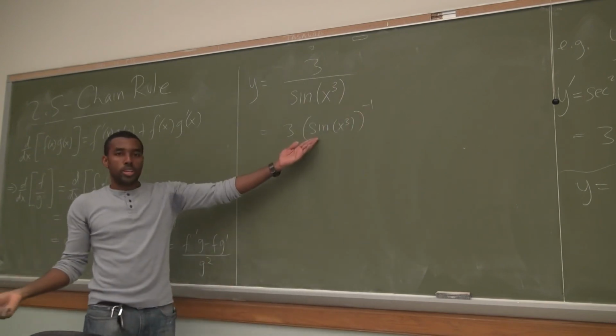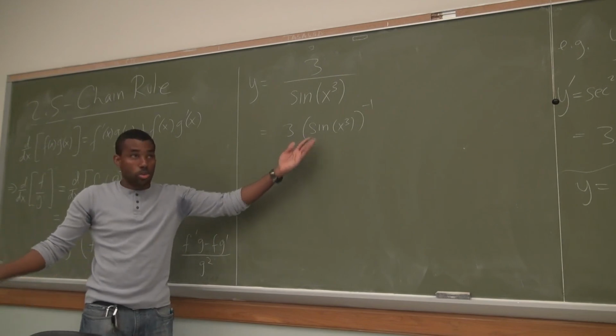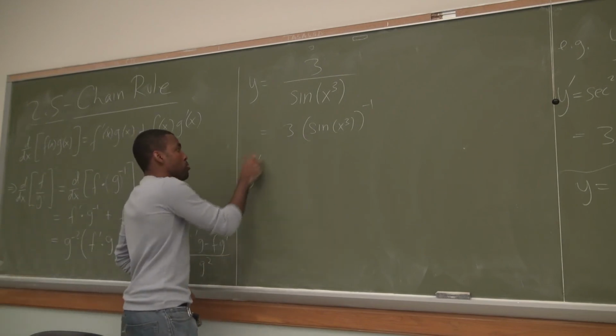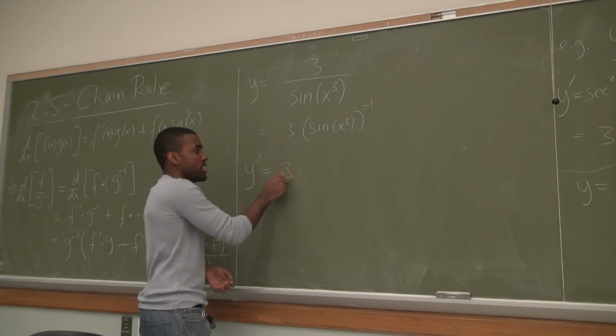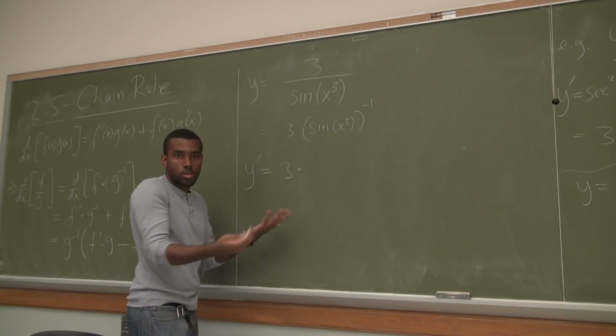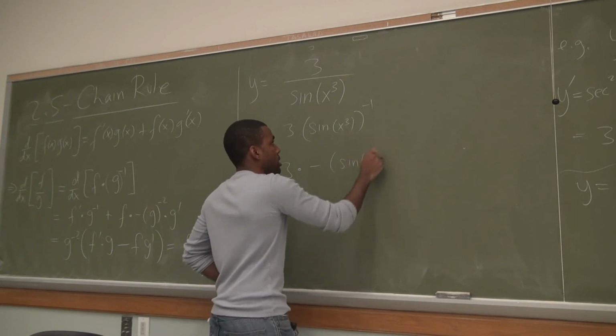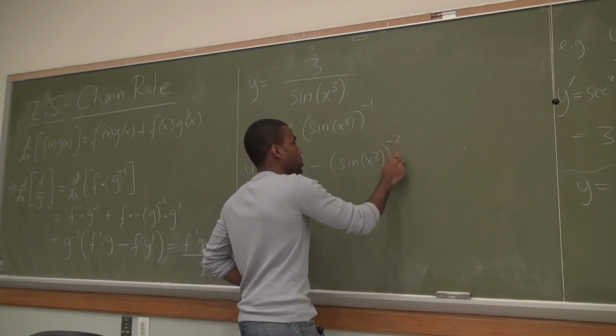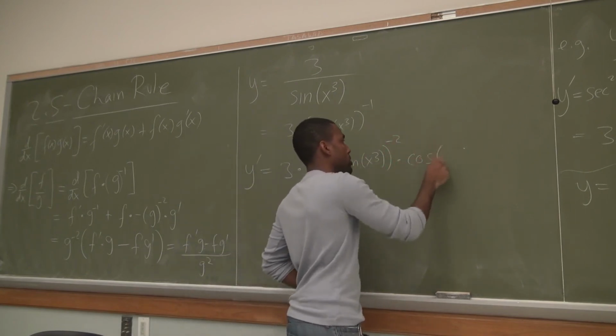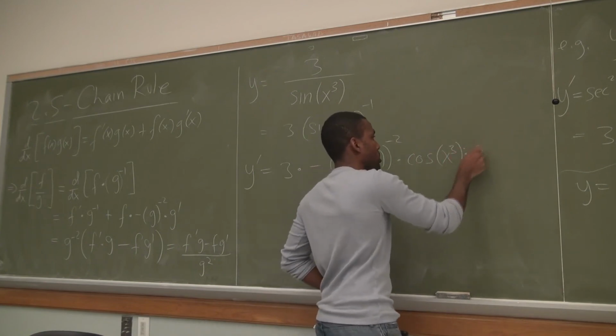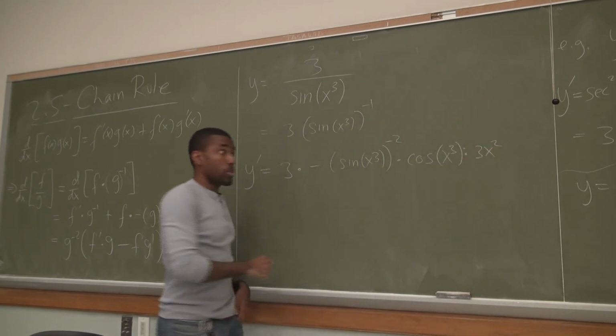And now you know how to differentiate something like that using the chain rule. So now your y prime is, this is just a constant, so leave it there while you differentiate this, because we have the chain rule at our disposal. Minus 3 times sine x cubed to the minus 2 times cosine x times 3x squared.